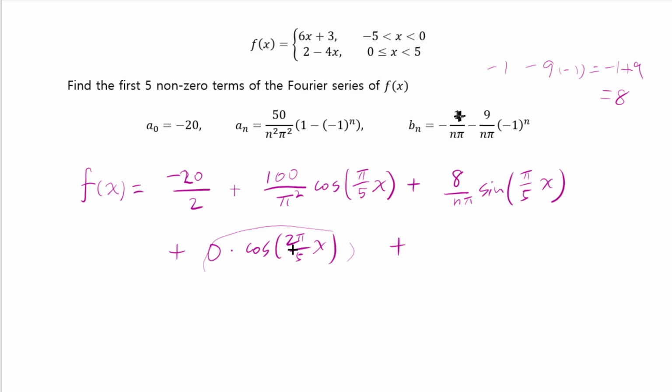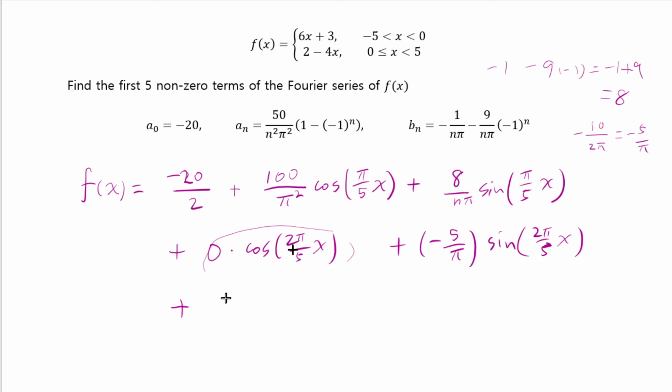And then you get negative 1 minus 9, which is negative 10. So you end up with negative 10 over 2 pi, because n is 2, and therefore this is negative 5 over pi. Okay, so you need negative 5 over pi sine 2 pi over 5x, and then because we have 1, 2, 3, 4 non-zero terms, this is 0, we need just one more.